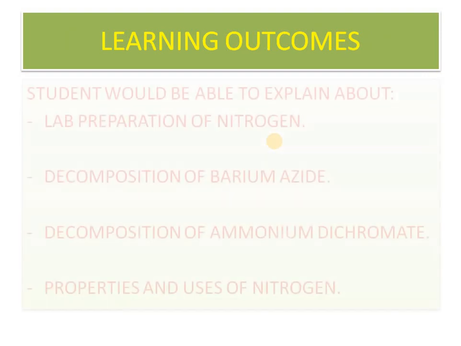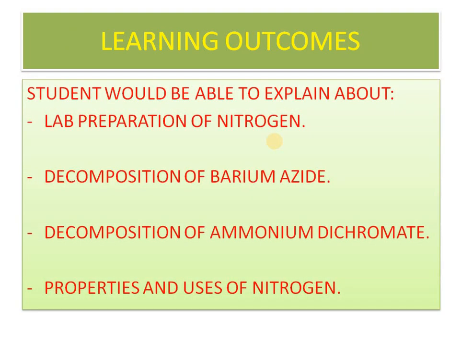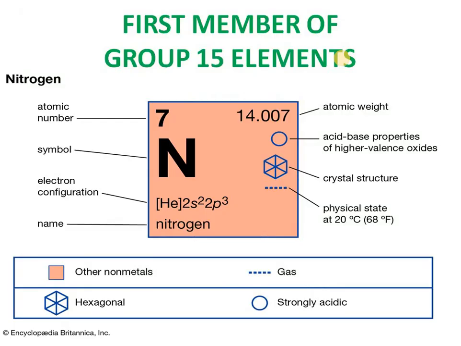So learning outcomes are the preparation of nitrogen, decomposition of barium azide, decomposition of ammonium dichromate, properties and uses of nitrogen. Let us start. The first member, nitrogen, atomic number 7, atomic weight 14.007, the symbol is given to you.